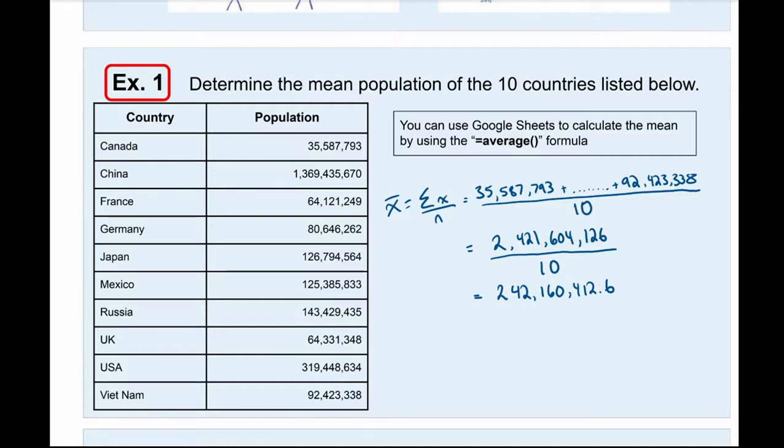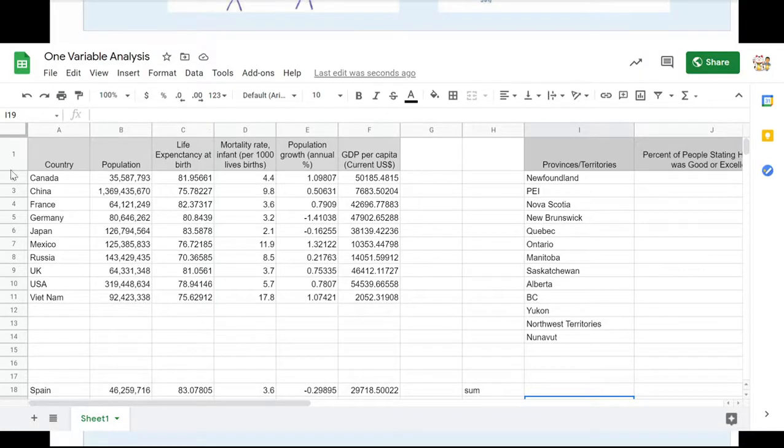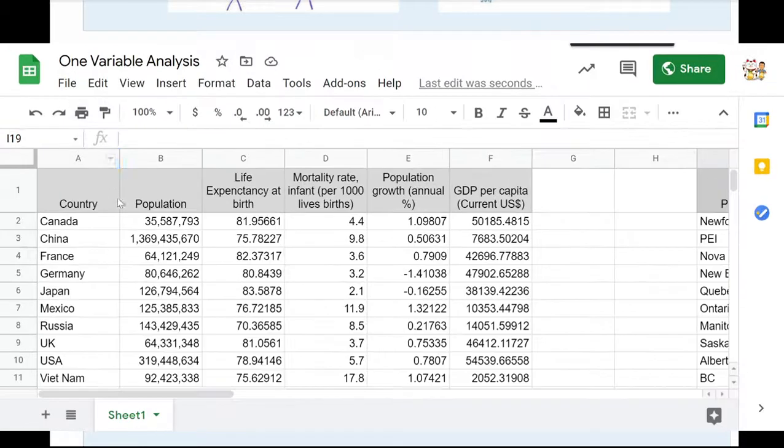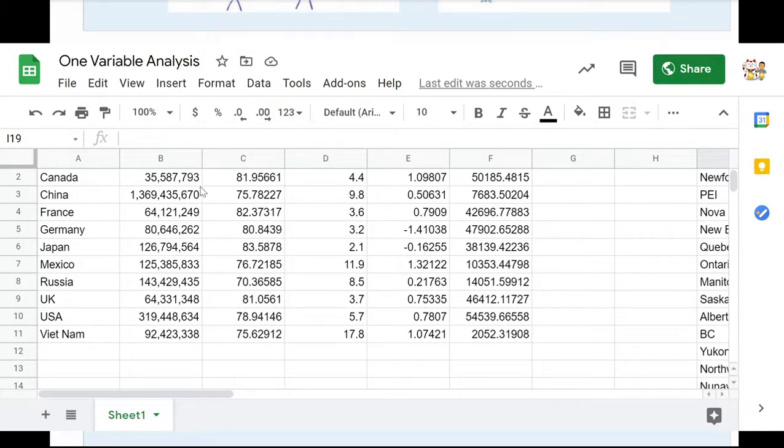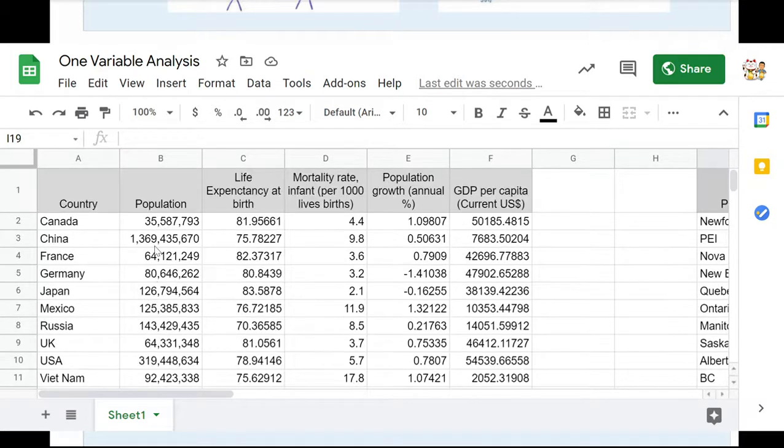As well, along with using this formula, we can also use Google Sheets. Depending on the amount of data points we have, it's really beneficial to use Excel or Google Sheets using the formulas that we do have. So for example, if I go to my table, you zoom in here, so we can see that I have my countries, I have the populations already entered.